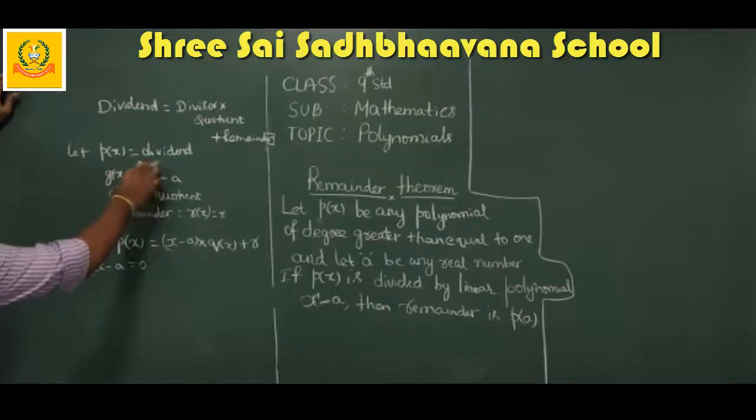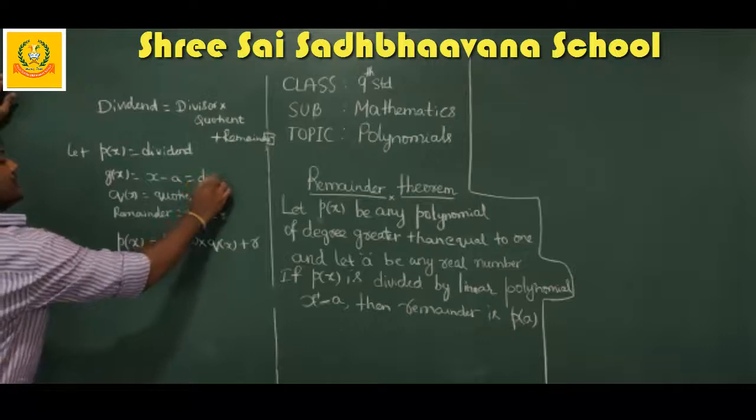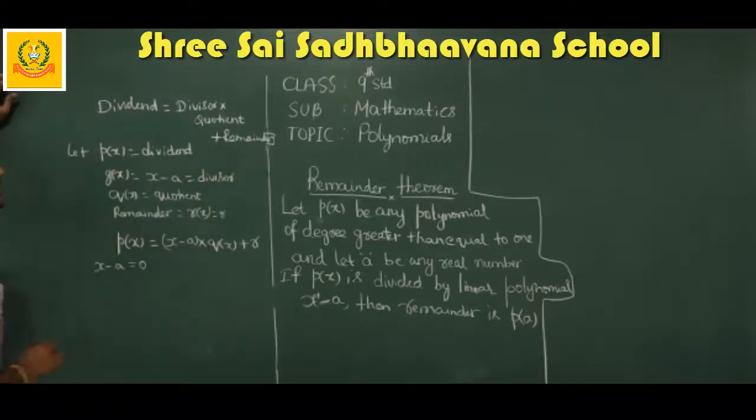For example, here I am dividing P of x with x minus a. This is our divisor, so I make it equal to 0. So x minus a equals 0. What is the x value? When I send minus a to the other side, you get plus a. So the x value is a.